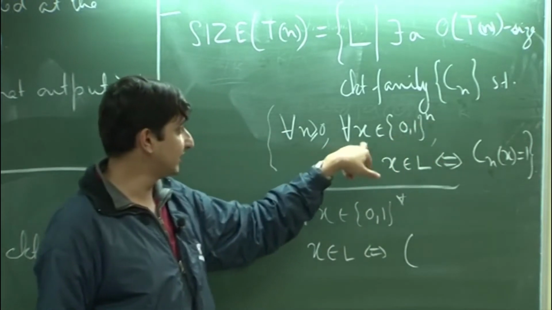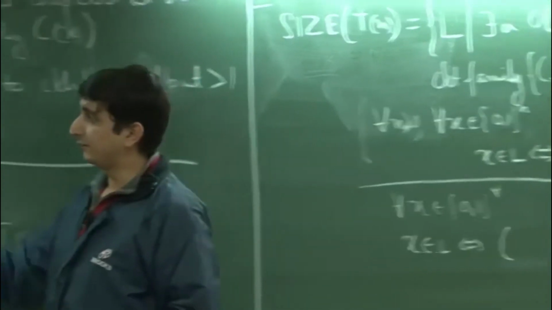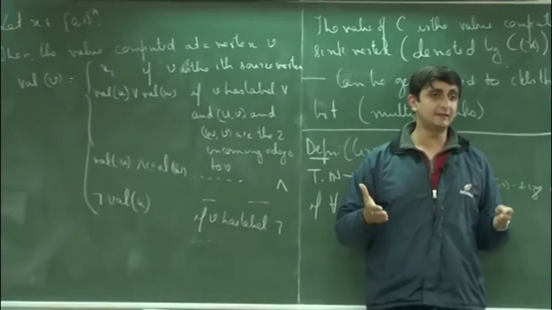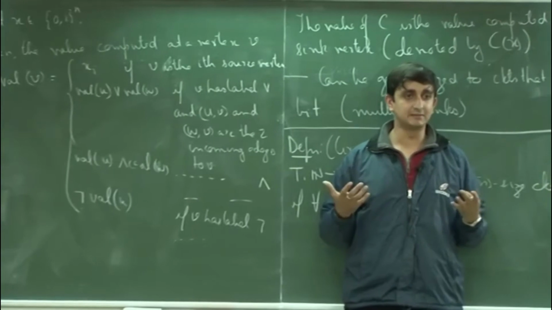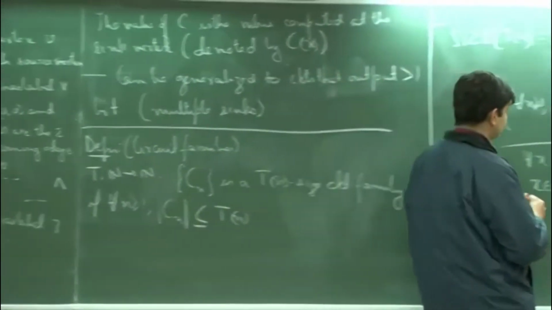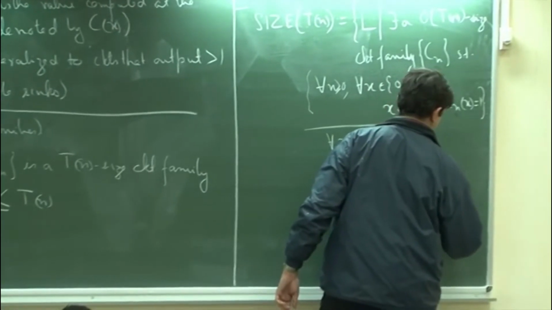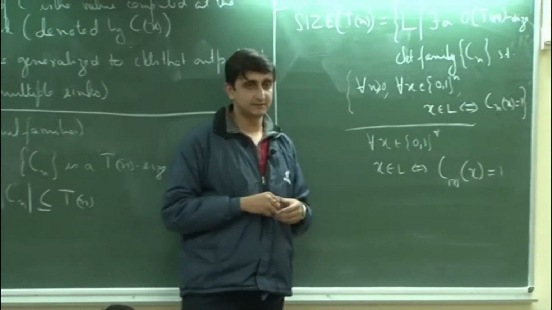So, I am looking at all strings x of length n, because if you look at the definition of a circuit, by its very nature it can only take those strings which have a certain length and nothing else. So, that is why it is in L if and only if C mod x on x is equal to 1. This is just an alternative way of saying the same thing.